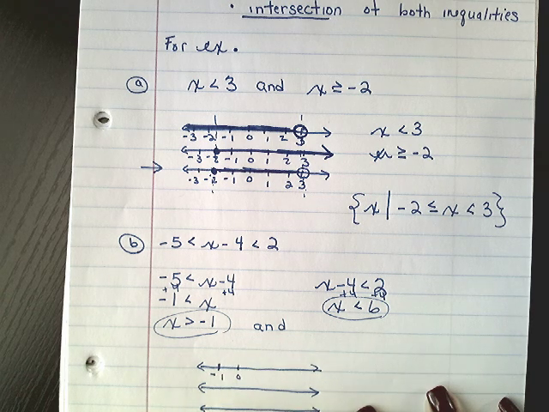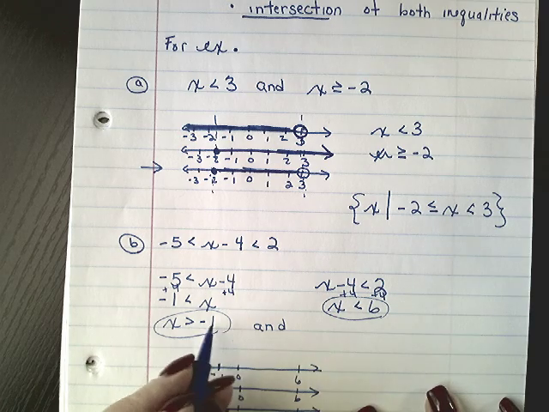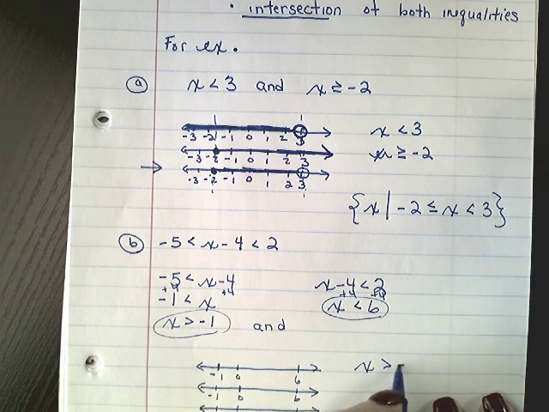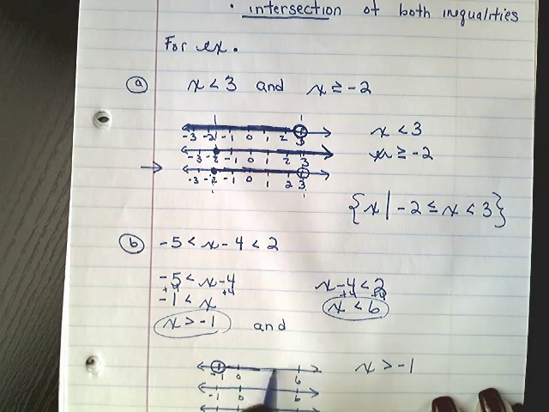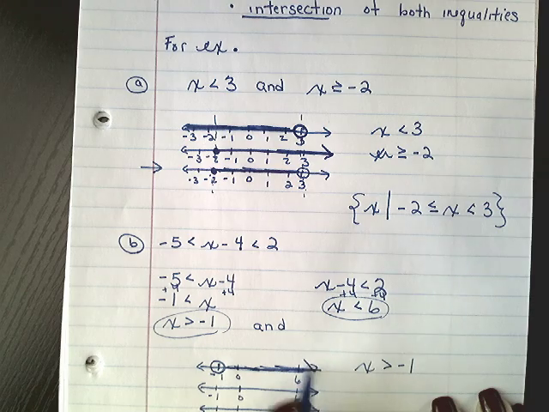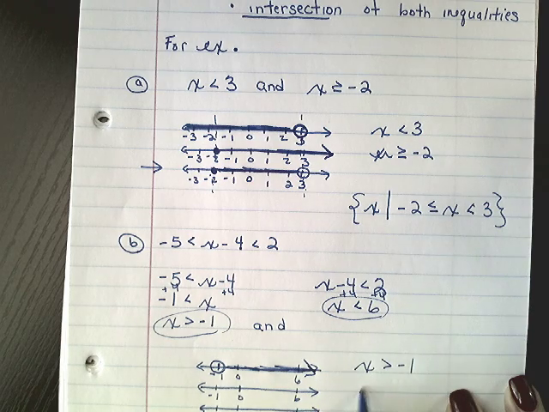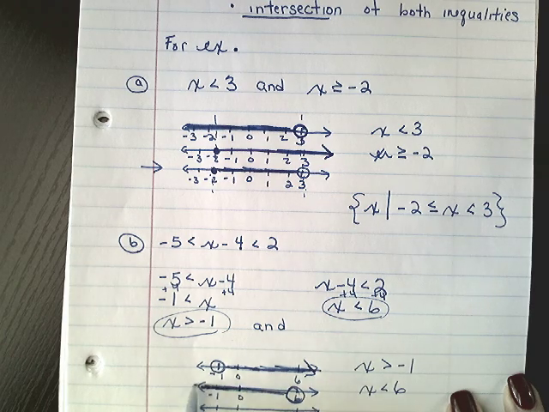I'm going to try to keep the same numbers on there. So -1, I'm going to put that way over here. And you know these are all going to be values. I'm not going to fill those all in. And my 6 is going to be way over here. All right, so x is greater than -1. So here's my -1, open circle, and x is going to be represented by everything going to the right. The next one is x is less than 6, so here's my 6, open circle, everything shaded going to the left.